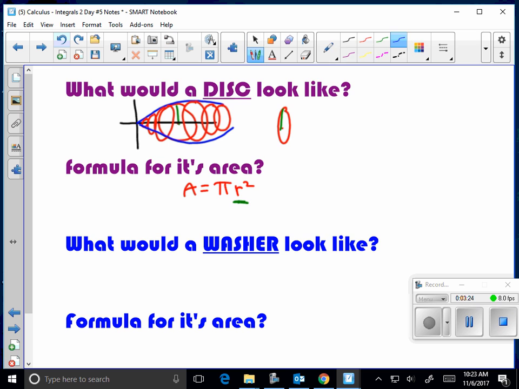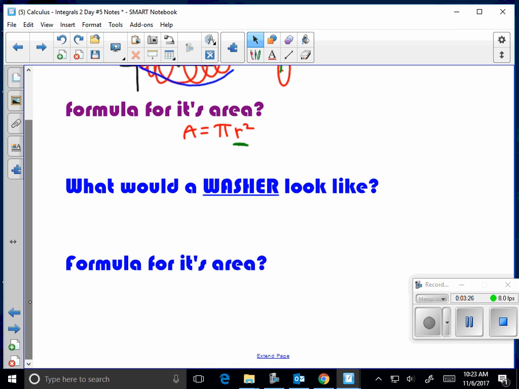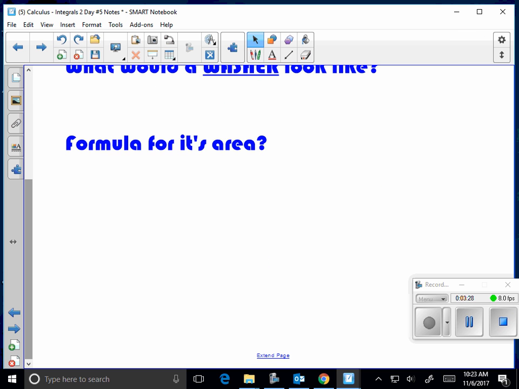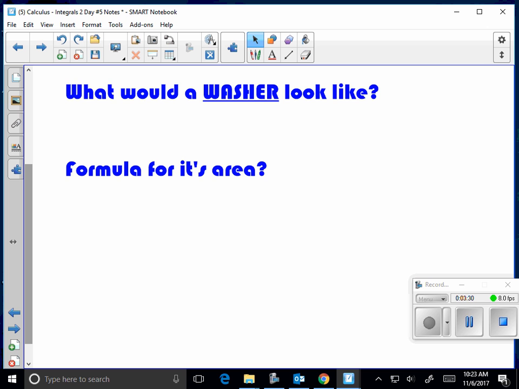Now let's talk about the washer method for a moment. Those of you who do any sort of construction work know that a washer is a circle with a hole in it, right? So a washer would look like such. Some of you are like, donuts?